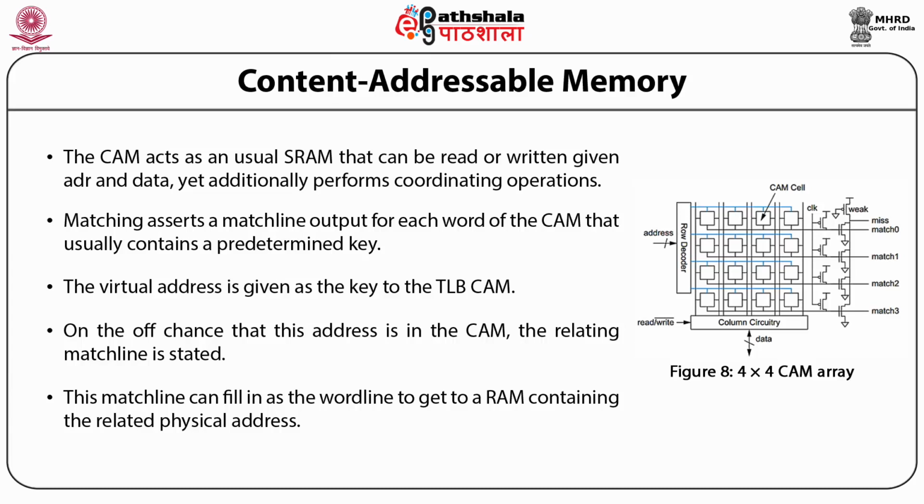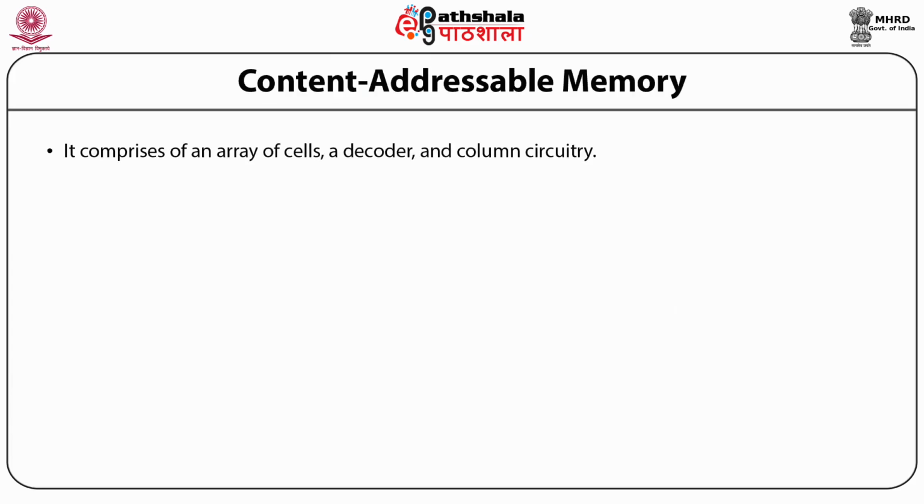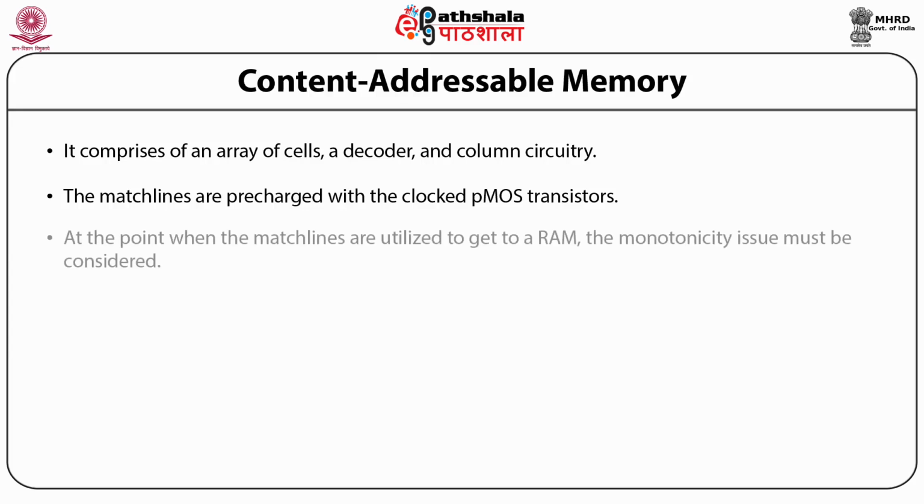So students, this figure shows a 4x4 CAM array consisting of an array of cells, a decoder and column circuitry. Each row produces a dynamic match line. The match lines are pre-charged with clocked PMOS transistors. The miss signal is produced with a distributed pseudo-NMOS NOR.